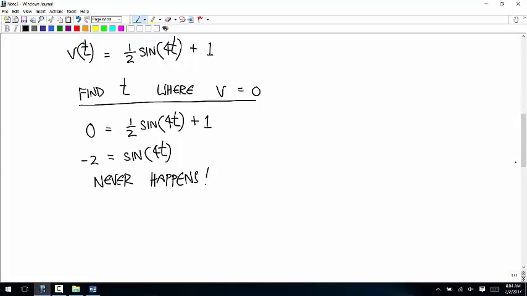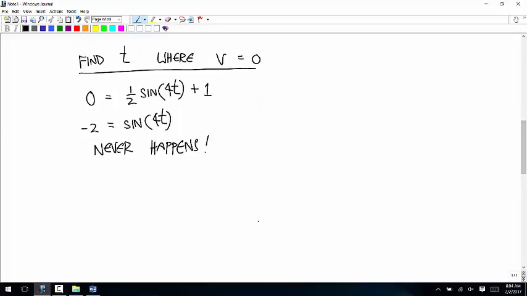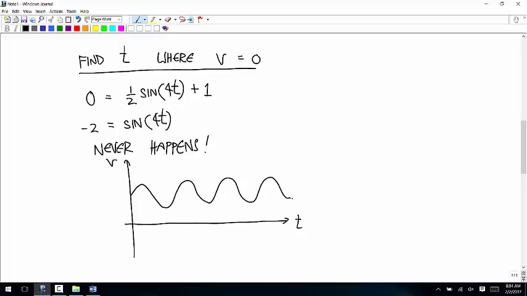So this function looks like this. If you plot this velocity versus time function, it looks like this, and so we're trying to answer questions about when it's equal to 0, and it just never is. Okay, so in future years, I need to change that question.